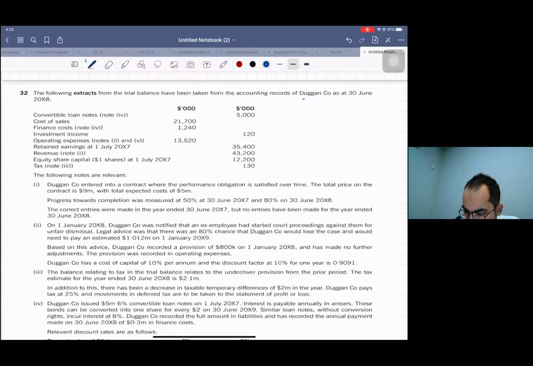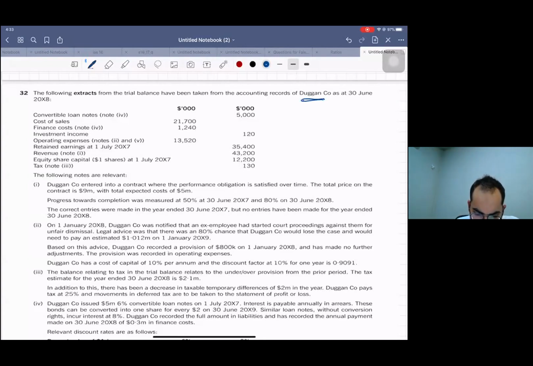They have provided you a trial balance in this question. This is a latest question, I think 1.5 or 2 years old. Recording has started, no issue.